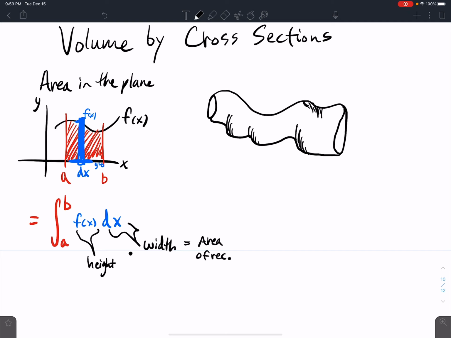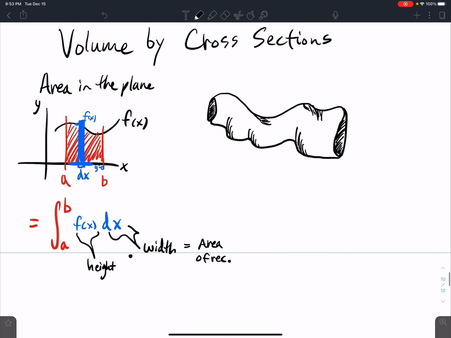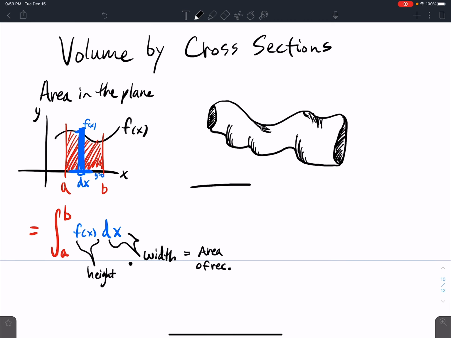Look, this is like trying to be artistic, doing the best I can. Please don't make fun of me, right? And so what I'm going to do with this shape is I'm going to try to figure out the volume of it. And to do that, I'm going to use calculus. So I'm going to start it at this A and end it at this B here.